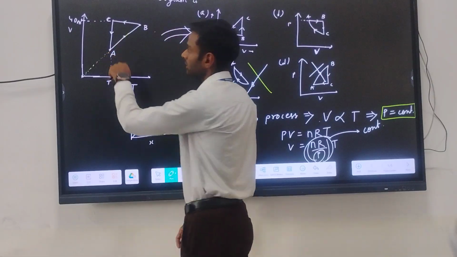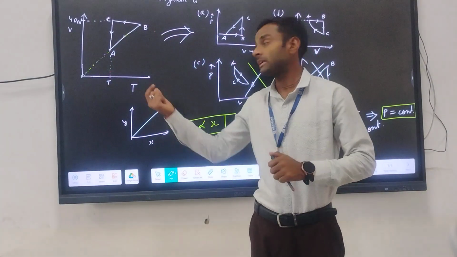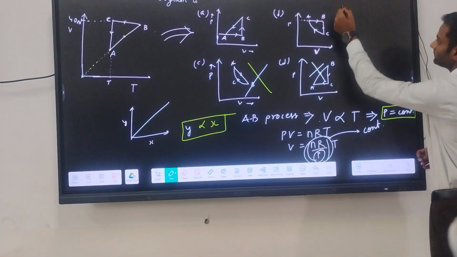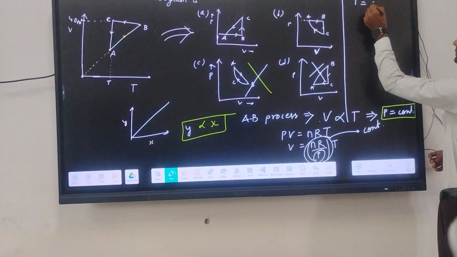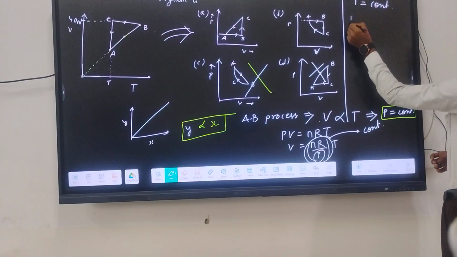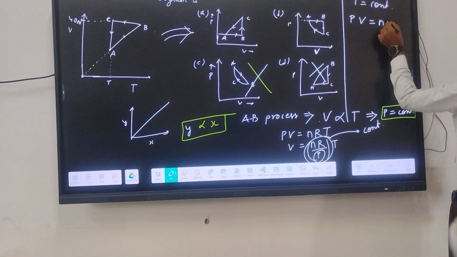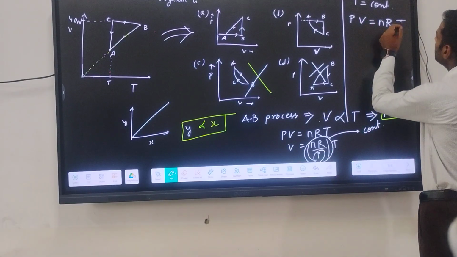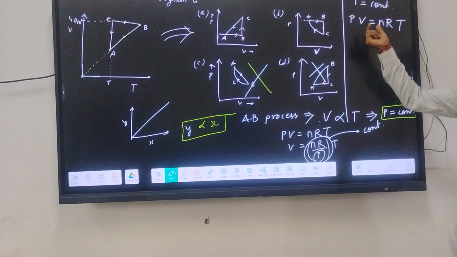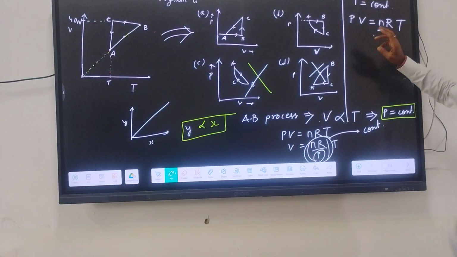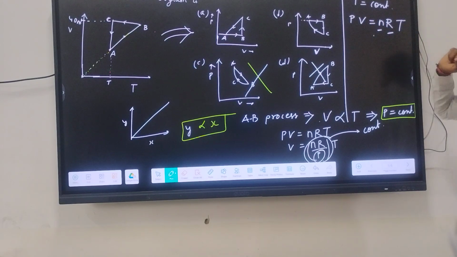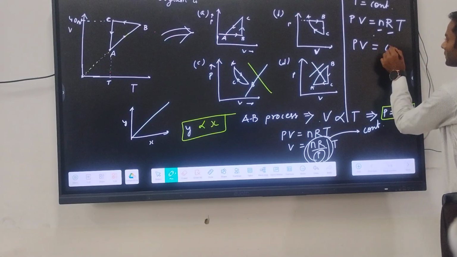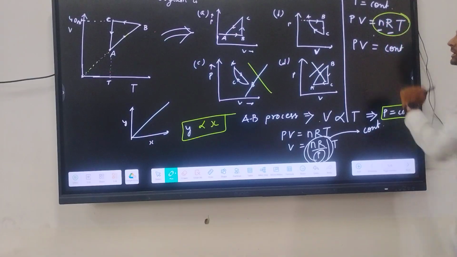If temperature is constant, that means if you write the gas equation PV is equal to nRT, if T is constant, the number of moles is constant, the gas constant is constant, then the whole term becomes constant.